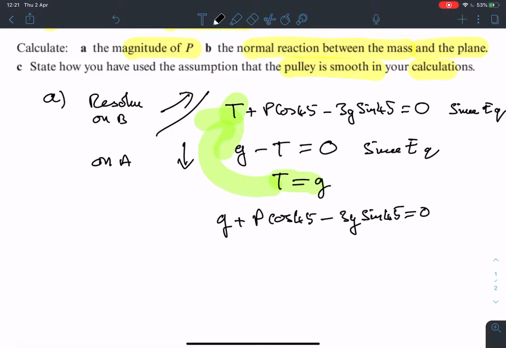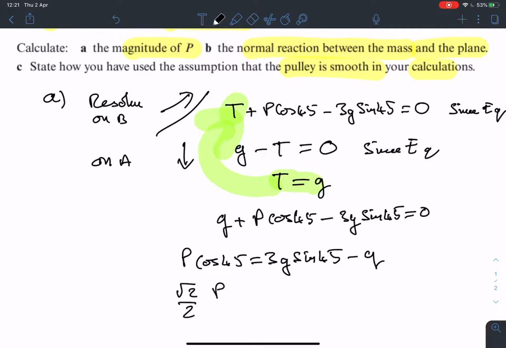Now we've just got to work that out then. So P cos of 45 equals 3G sine of 45 minus G. Cos and sine of 45 we should know to be root 2 over 2.